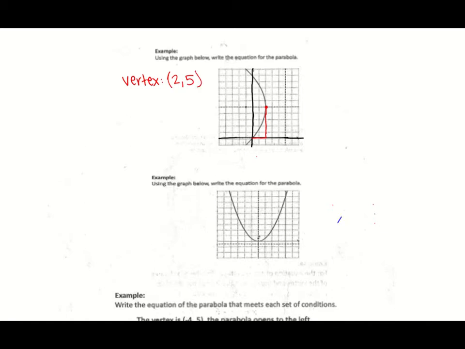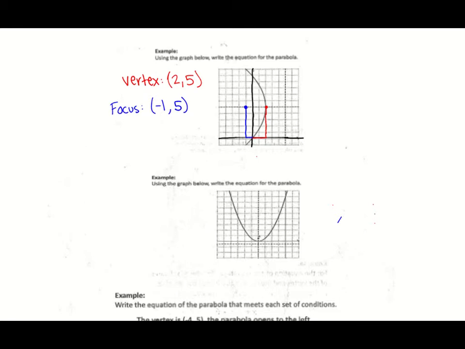Then I can also find my focus, which is right here. That point I'm going left 1, so my x is negative 1, and going up 1, 2, 3, 4, 5. Up 5. So that is the point of my focus.